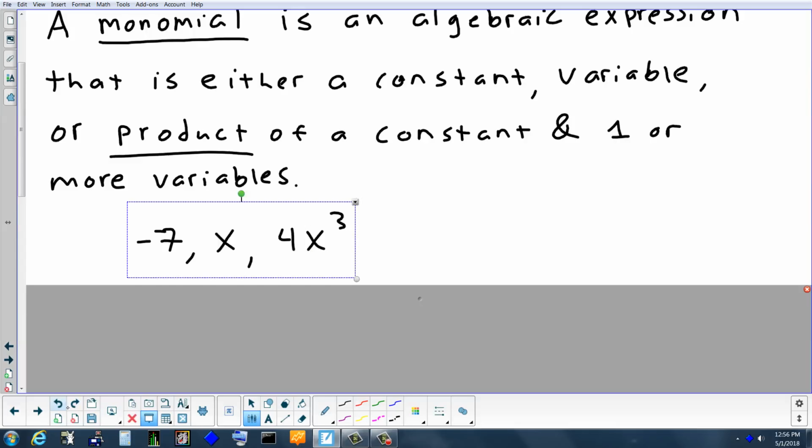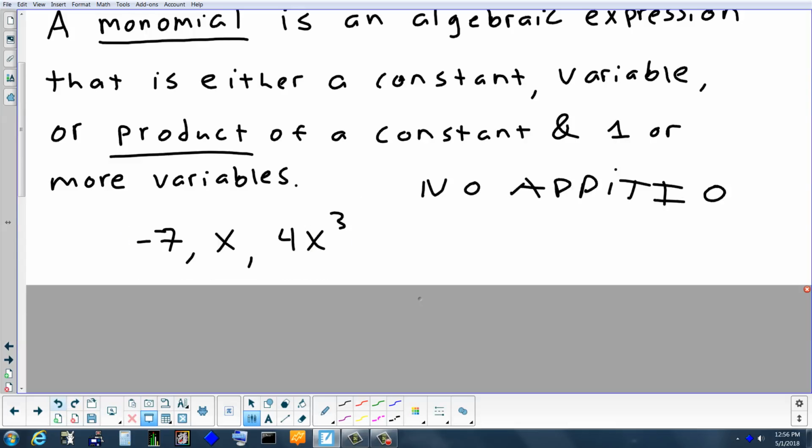Notice what you don't have. Do you have any plus signs in there? No. Do you have anything like subtraction? No. There's no addition, there's no subtraction. That's the key that makes something a monomial. No addition, no subtraction.